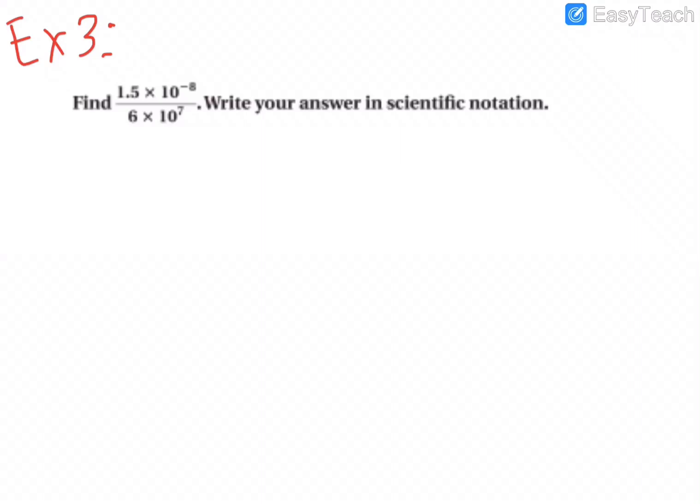With division, same concept here, except we're going to divide. So we have 1 and 5/10 divided by 6, which we'll do separately from 10 to the negative 8th over 10 to the 7th. So let's start with 6 into 1 and 5/10.